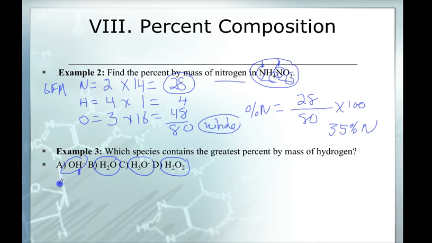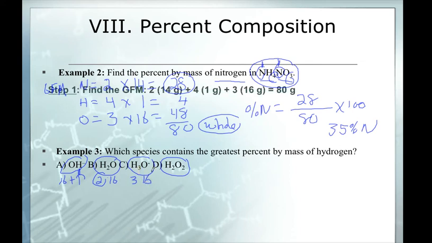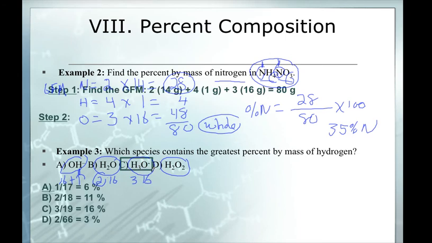If you look at this, there's only one oxygen, which is 16, and one hydrogen. In this one, you have 2 hydrogens and 1 oxygen. So already you have more hydrogens in this one. This one has 3 hydrogens as opposed to just the 16 for the oxygen. So the H3O is definitely going to have the largest percentage of mass of hydrogen. And here are the numbers at the bottom if you wanted to do that.